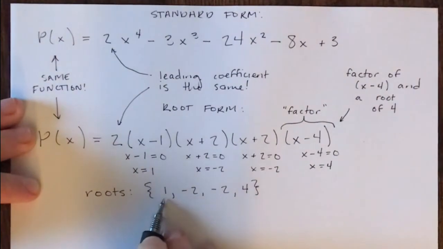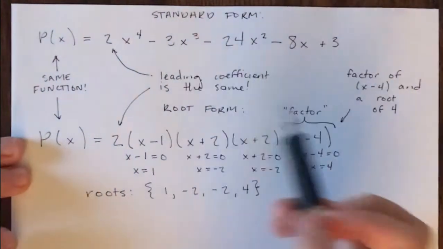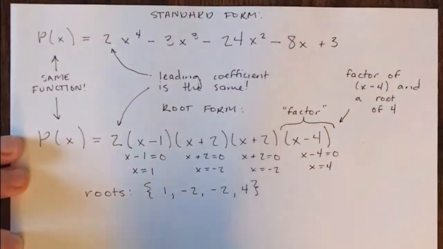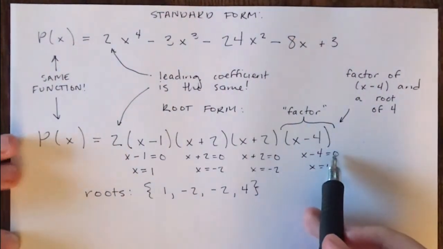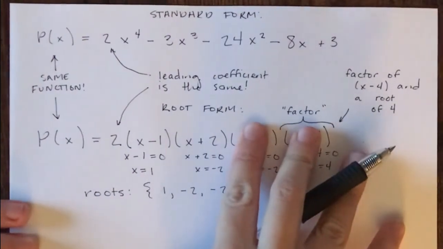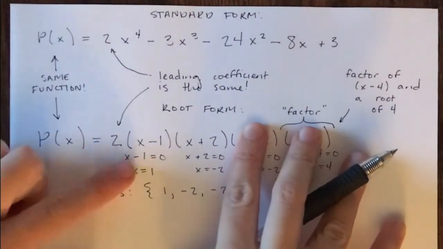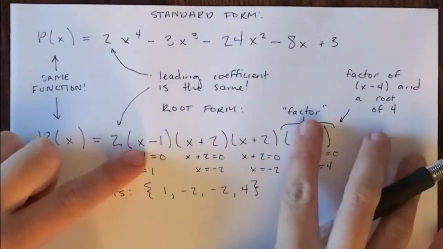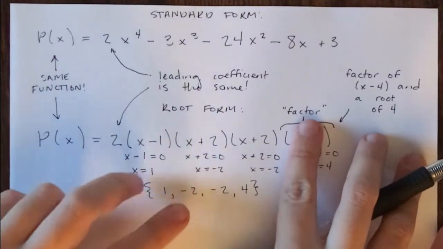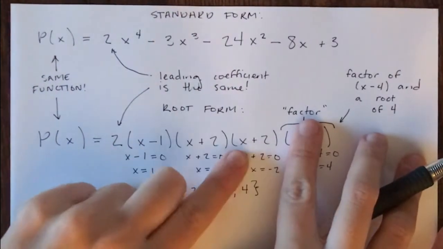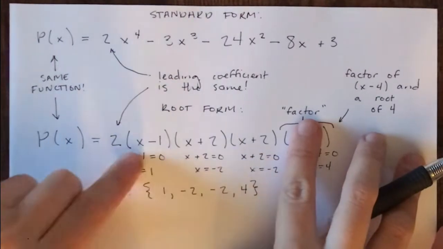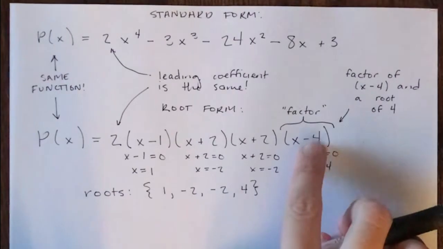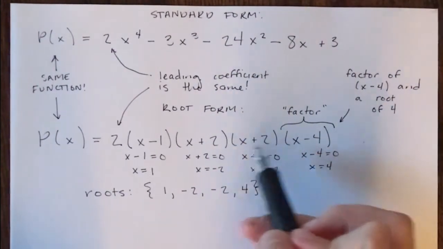Okay, something else we can notice, a different connection that we can make between root form and standard form. If I were to multiply all of these together, let's think about if we had a quadratic. If I multiply these two terms together, I would have something that started with x squared, right? Then if I multiplied by this factor as well, the largest term would have that x squared multiplied by this x, so we'd have x cubed. If we add in this last factor, then we'd have another x, so we end up with x to the 4th.